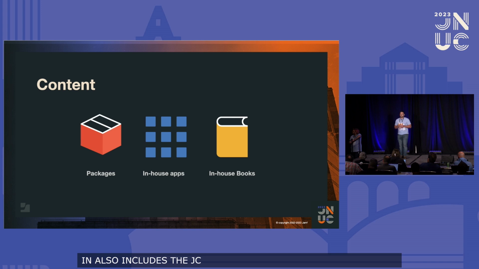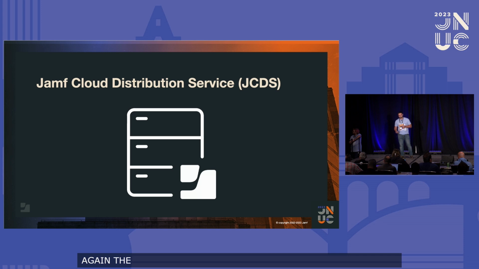As far as what content we can upload into a distribution service, we are able to host files such as packages like your mission-critical apps, such as the Adobe Suite, operating systems as well. And then on both the macOS and iOS side, we get into some of the in-house apps and also the in-house books. I also wanted to call out again that the JCDS and the distribution points do serve both macOS and iOS.